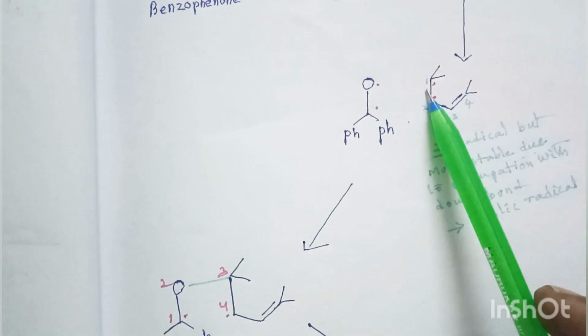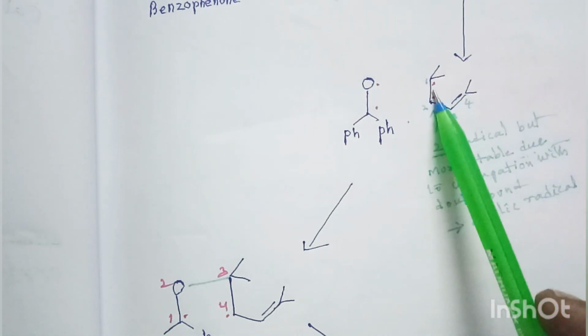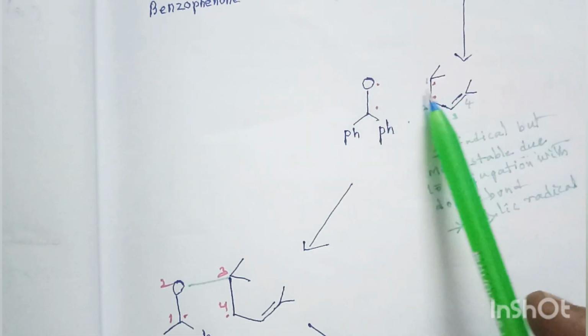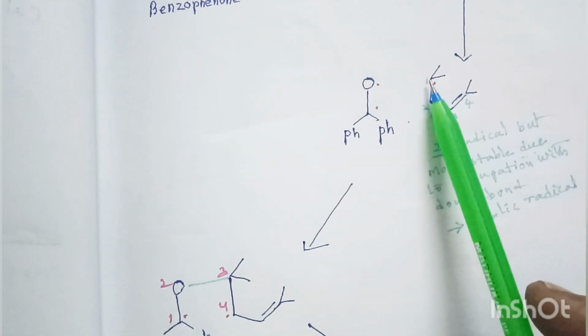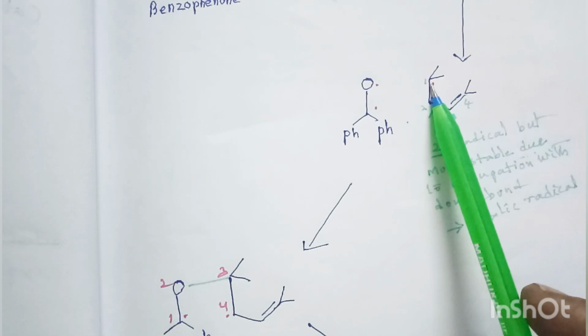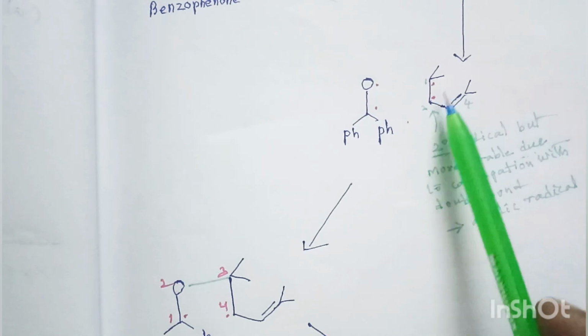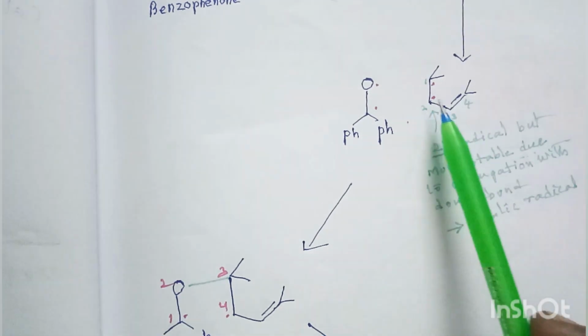Here this same compound is represented in a cyclic manner so that the reaction can be represented easily. So there is a radical on this first carbon, a radical on the second carbon.